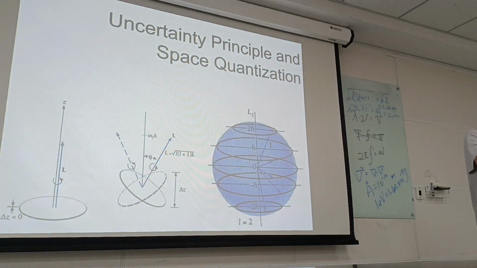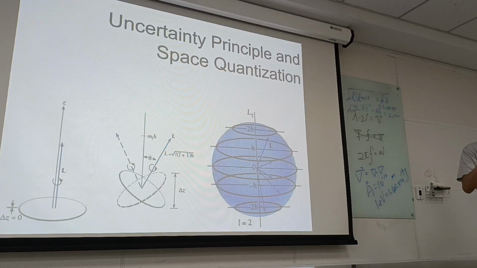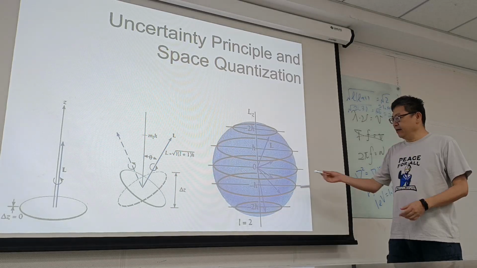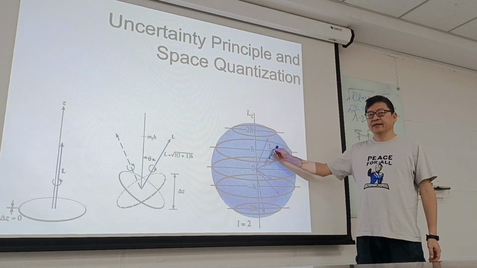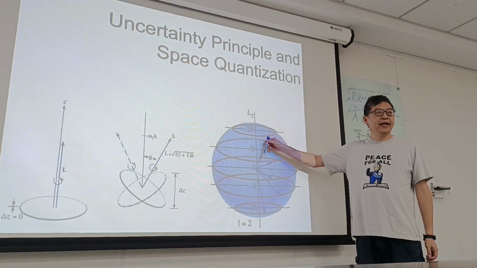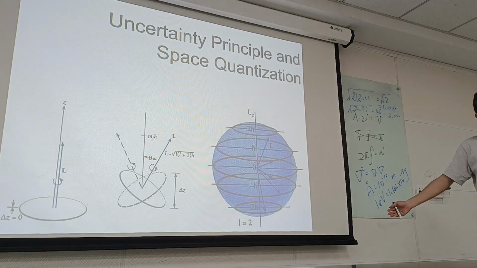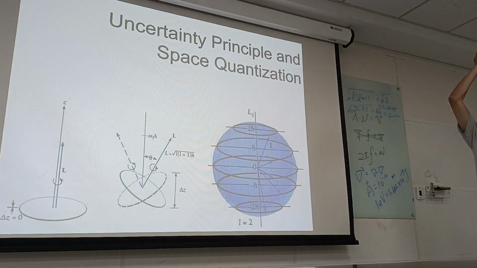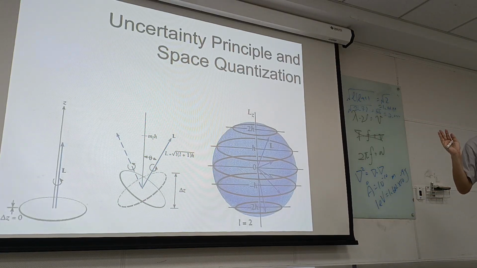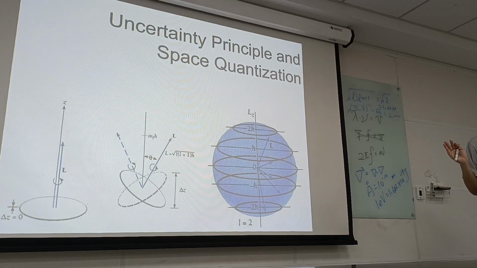So for a single atom, L can be here, here, or here, and they carry no energy. Every single atom is in its most comfortable position, and at that time they don't have any potential. However, if we put in a magnetic field, MRI will apply a radio frequency.